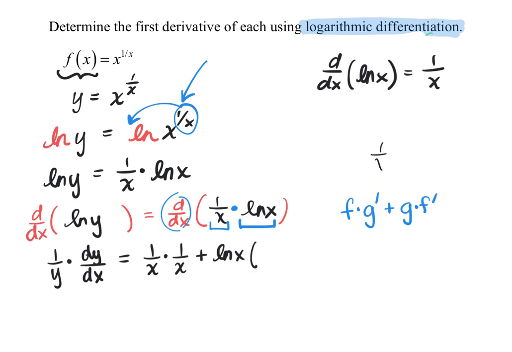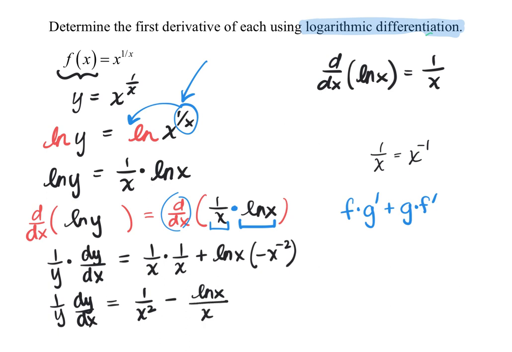Now remember, 1/x can be thought of as x to the -1 power. So the derivative of x to the -1 would be negative x to the -2. So we really have 1/y times dy dx is equal to 1 over x squared. And then I'm going to rewrite this a little bit. I'm going to write it as negative natural log of x, and then since I have x raised to the negative 2 power, that would push to the denominator.